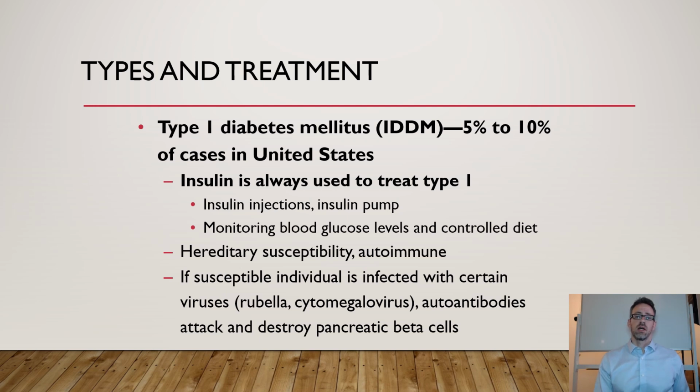As I said in the last bullet, if somebody happens to be susceptible and they're infected with a certain virus, for example, they could develop autoantibodies that would destroy those beta cells, and then they would require insulin to help maintain their glucose levels.